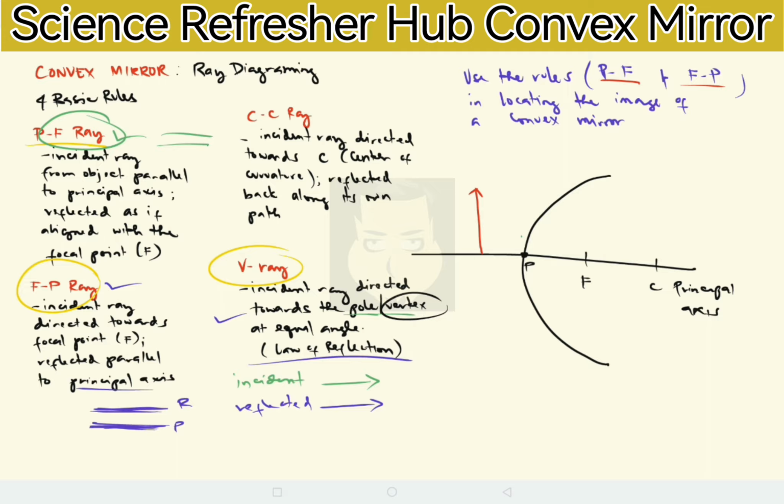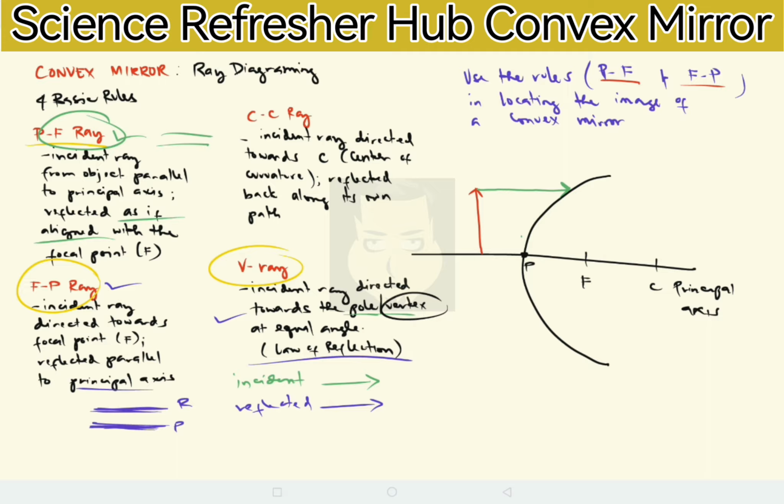Watch carefully. Now we have our incident ray from the tip of our object touching the convex mirror, and it will be parallel to our principal axis. As you can see, it's parallel.